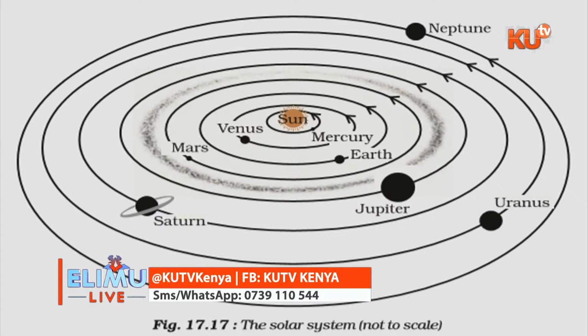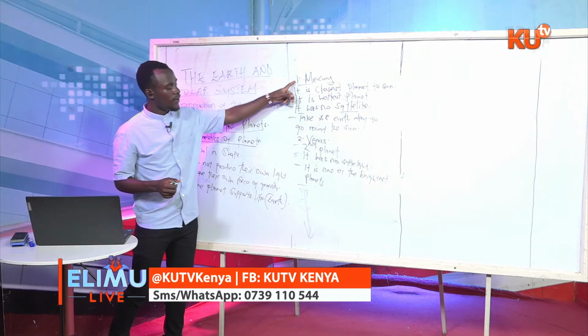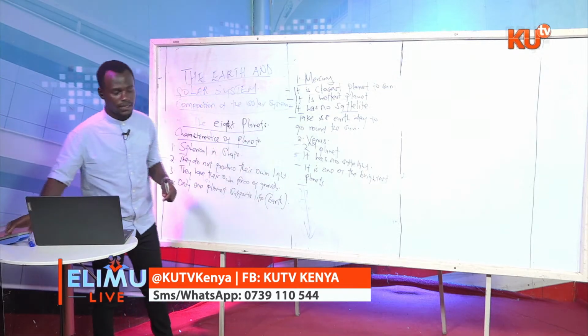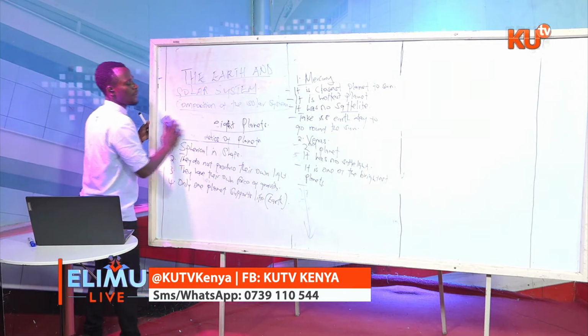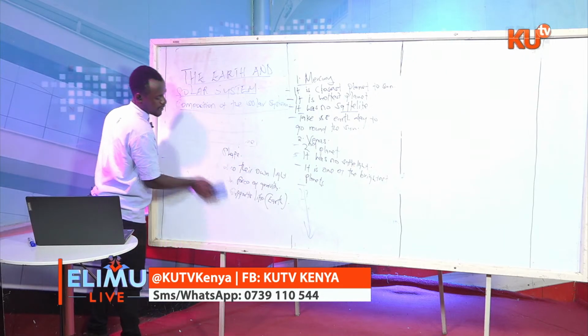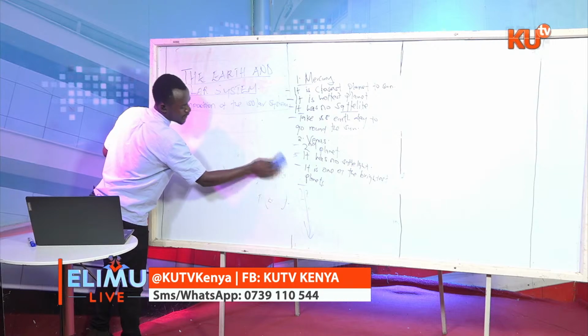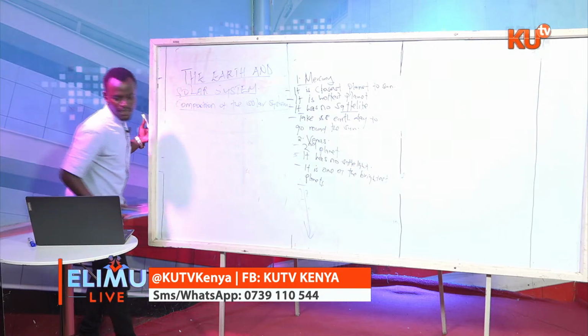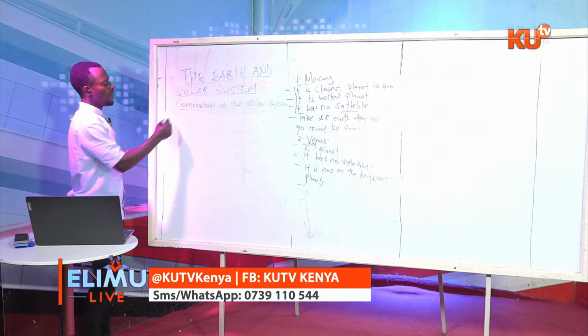So we have seen that number 1 is Mercury, number 2 is Venus. Let us go to planet number 3. The planet number 3 is Earth.